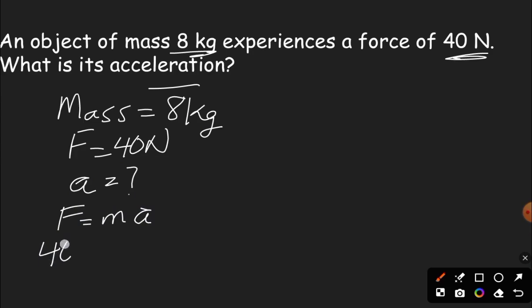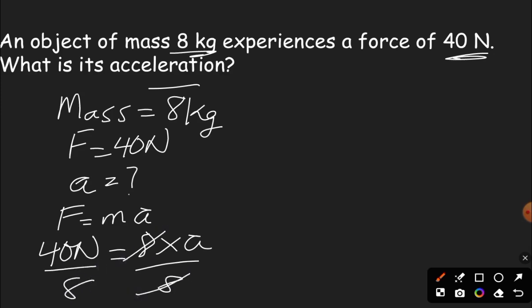Your force is 40 Newton, the mass is 8, multiplied by acceleration, which you don't know. So in order to solve this, you have to divide both sides by 8. 8 cancels 8. 8 here 1, 8 here 5. So our acceleration is 5 meters per second squared.